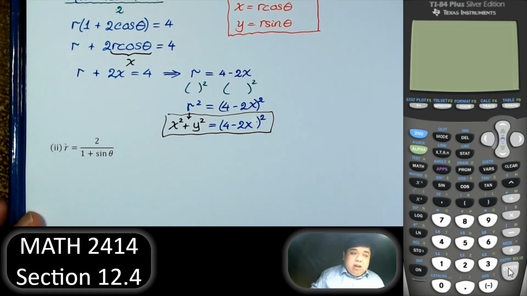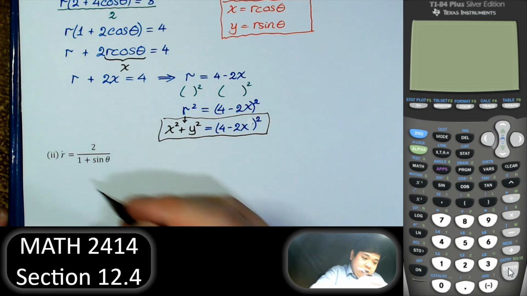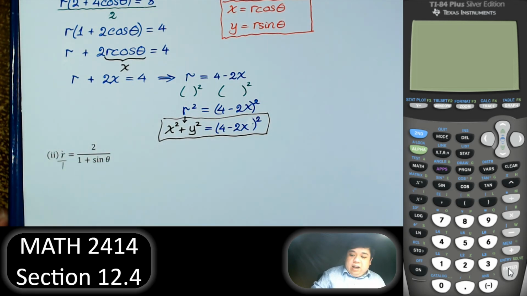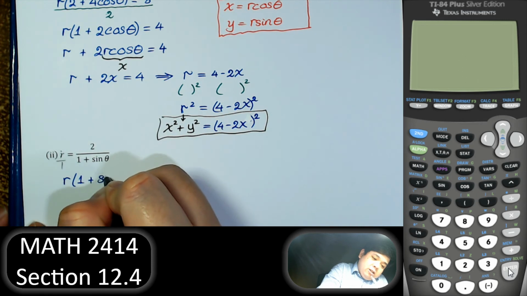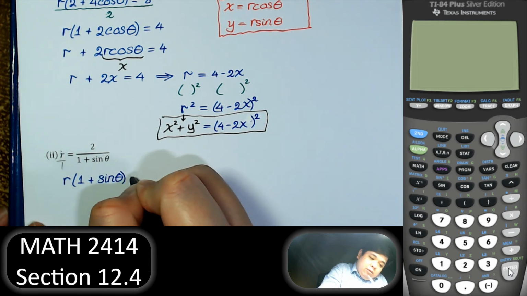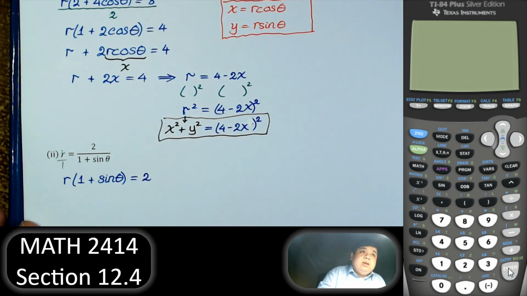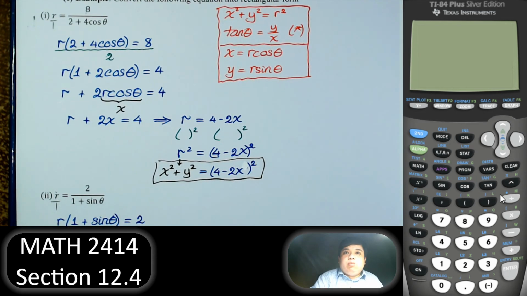We can do the same thing for the next example. Over 1, and then cross multiply: r times (1 plus sine theta) equal to 2. By the way, it's nice to at least graph this and see what happened. Radian polar, that's good. 8 divided by 2 plus 4 cosine theta.